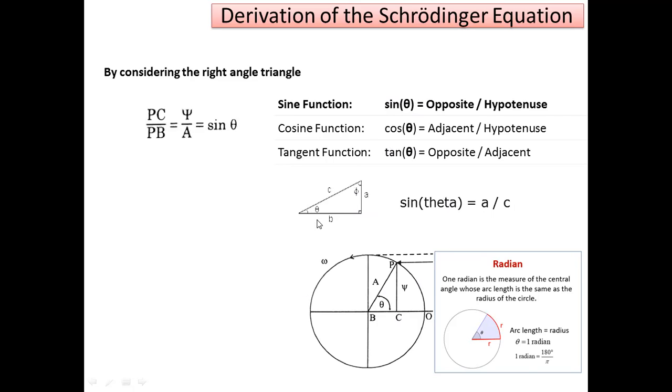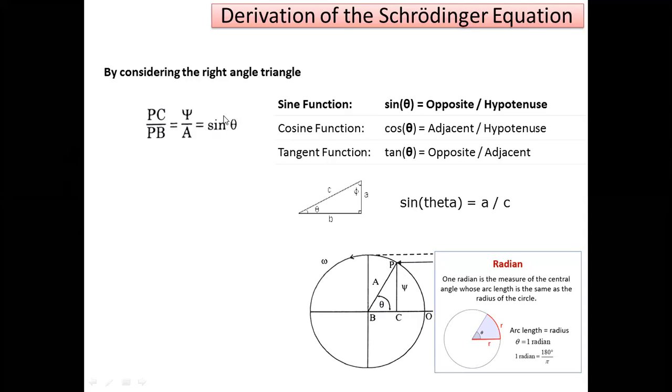By using this equation on this triangle, PC is the opposite, and PB is the hypotenuse. So PC divided by PB is the sine theta. Here PC, the distance, will be equal to the wave function, and PB will be equal to A, which is the radius. We will solve this more in the translation movement of the particle when we go further with the Schrodinger wave equation.